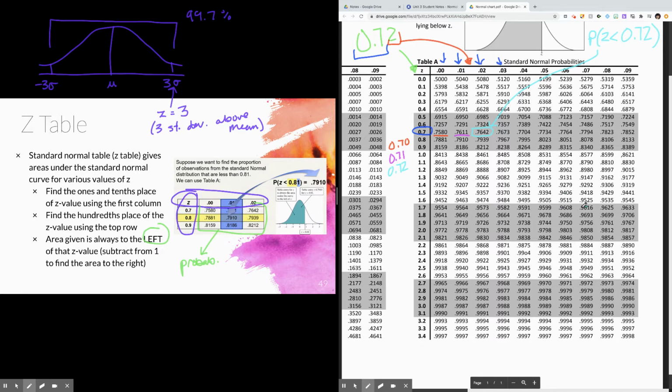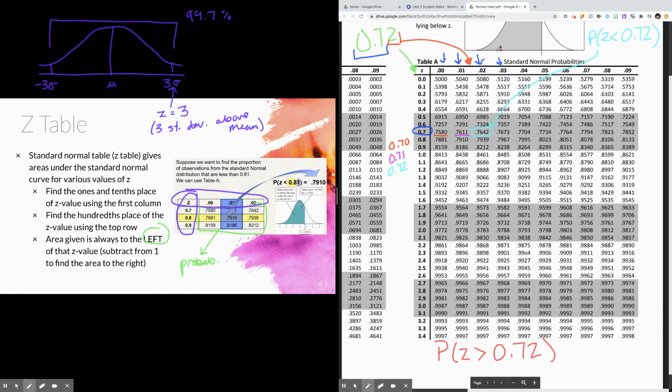So this number is the probability that Z is less than 0.72. Say instead I wanted to find the probability that Z is greater than 0.72.